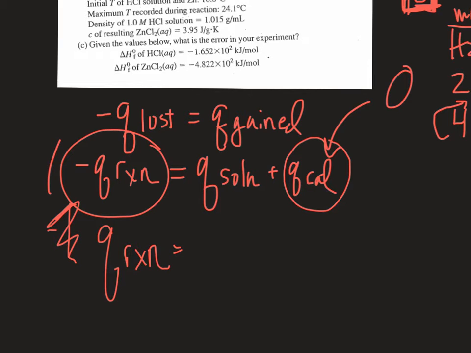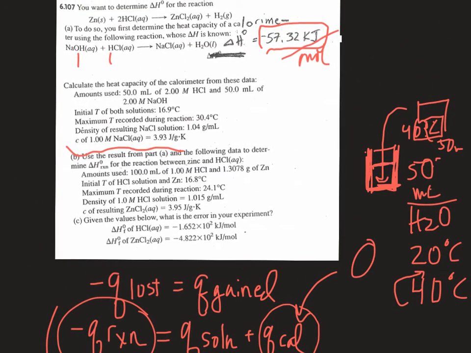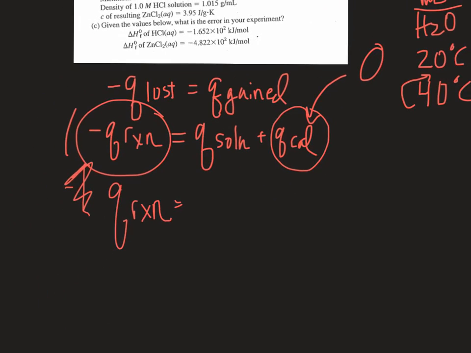What we have is that number, right? So we have 57.32 kilojoules per mole. So that is minus 57.32 kilojoules per mole of reactant.